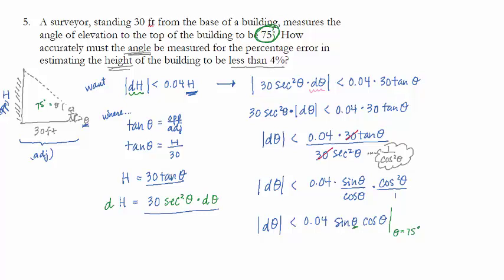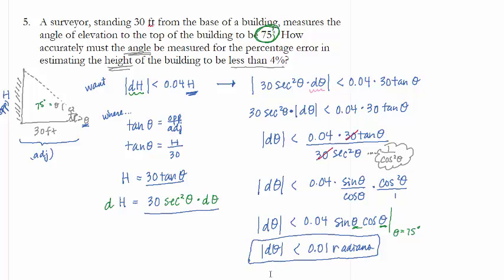Plug 75 degrees in there, and you will find that d theta needs to be less than 0.01 radians once you move it back into radians from degrees, because calculus happens in radians. So we now know how accurately we need to measure theta.